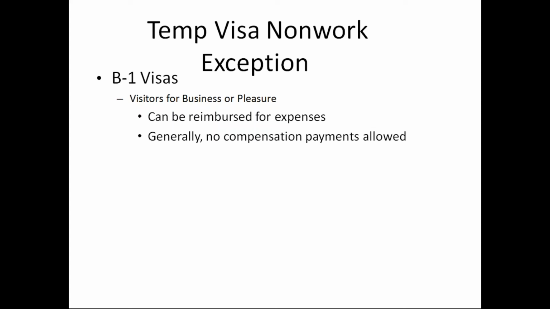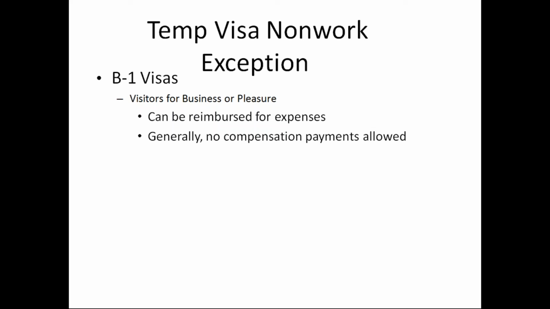They are allowed to come in for a short-term visit for business. So obviously they are still eligible to receive reimbursements for expenses while they're here visiting. So this visa is intended for maybe your counterparts that are in Greece come here for a week visit. They would be under a B visa.